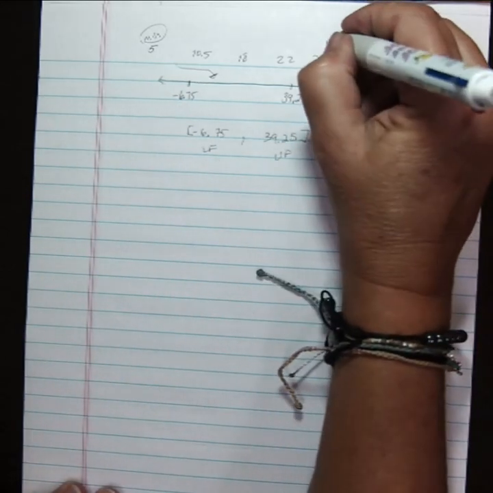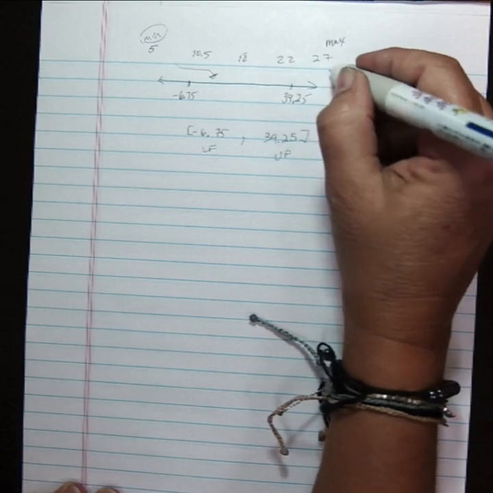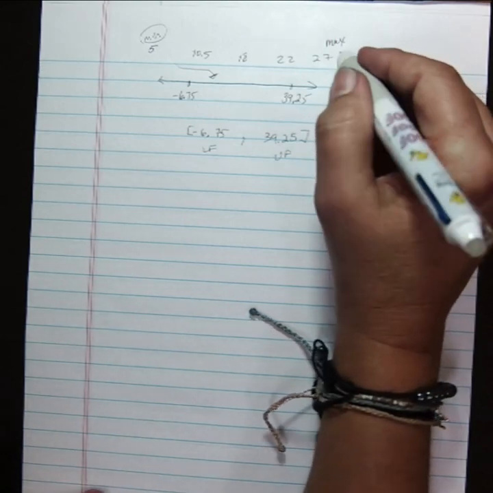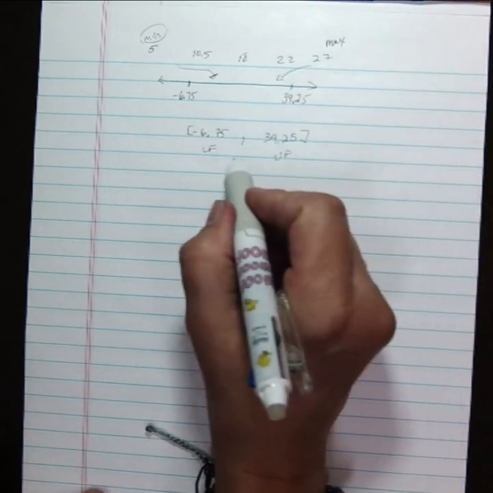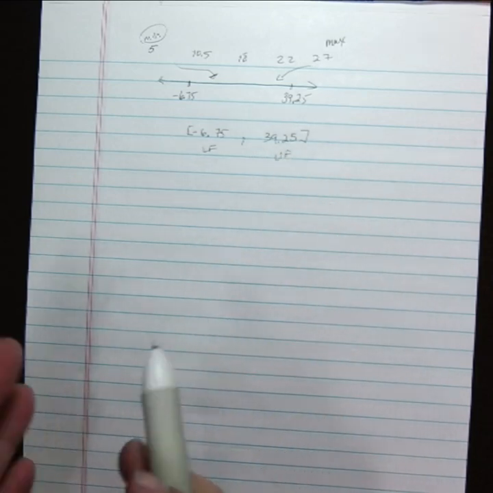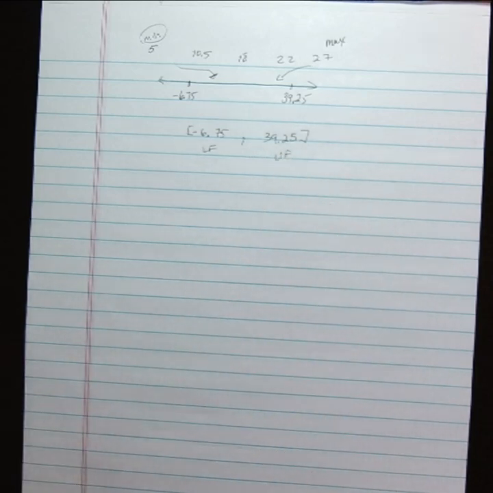And then our maximum data value was 27, as given in our 5-number summary. And 27 is within here. So based on our data and getting the lower and upper fence, there are no indications that there are outliers. So it looks like our data set has no outliers.